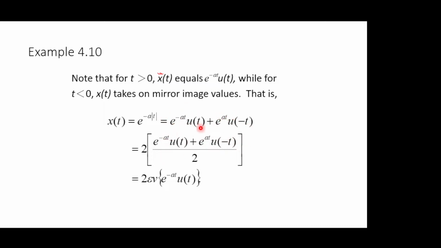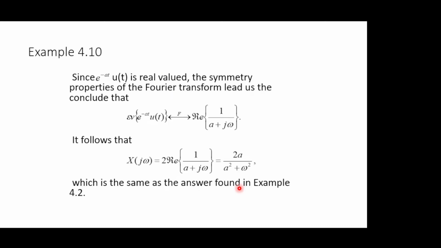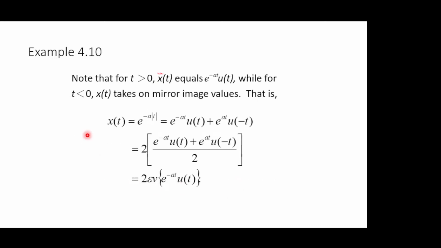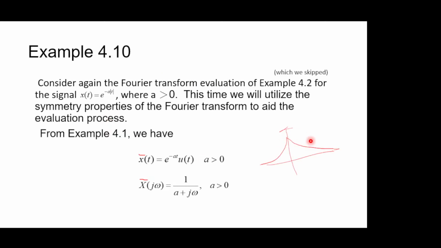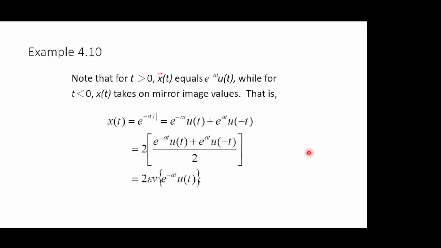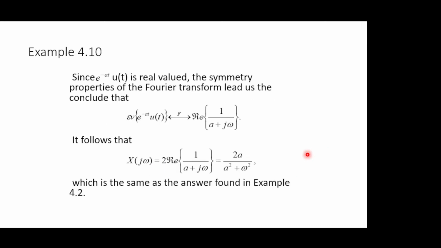So this is just taking the even part, the symmetrization: x of t equals x bar of t plus x bar of negative t, divided by 2. This is taking the even part of our one-sided exponential decay function. So our two-sided function is the even part of this one-sided function, and it's also real.